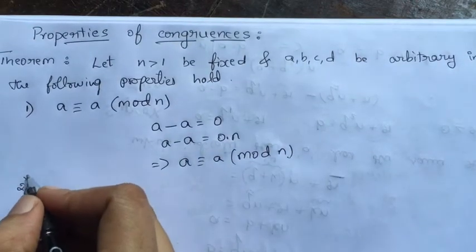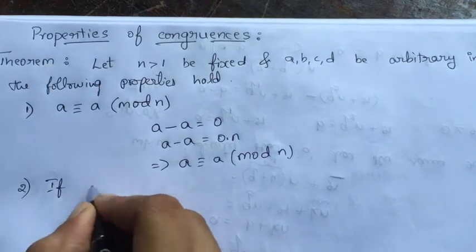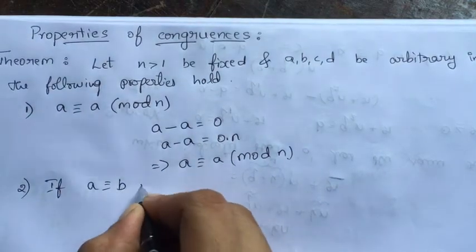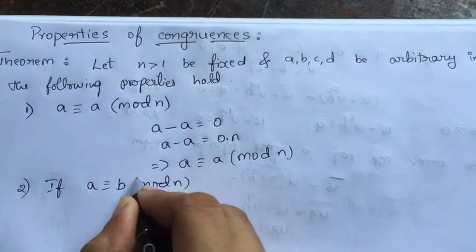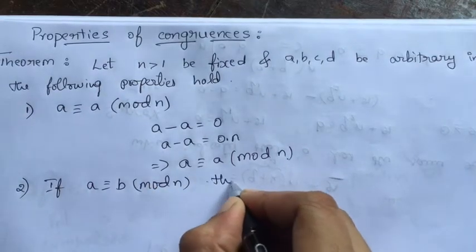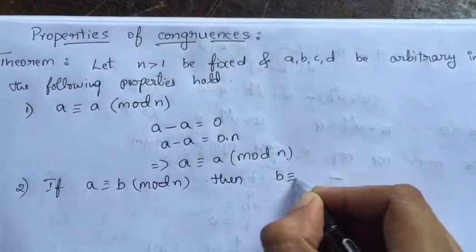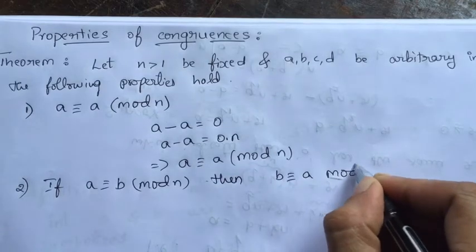The second property says if A is congruent to B mod n, then B is congruent to A mod n.